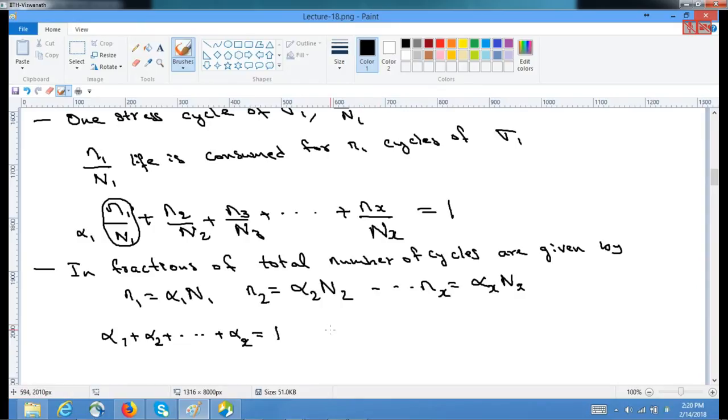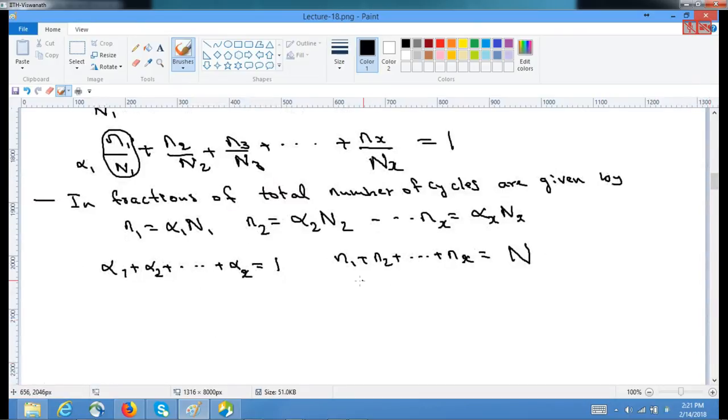And further, let's say the cumulative number of cycles can be given as n1 plus n2 and so on equals, let us call it, a capital N. In that case, using these two formulas, we can rewrite this as alpha 1 over N1 plus alpha 2 over N2 plus alpha 3 over N3, plus so on up to alpha x over Nx, equals 1 over N. Right?